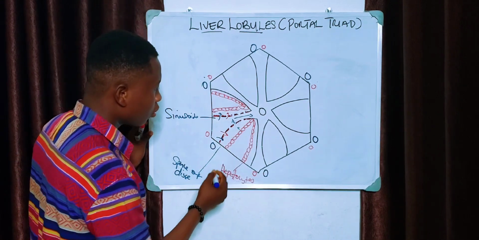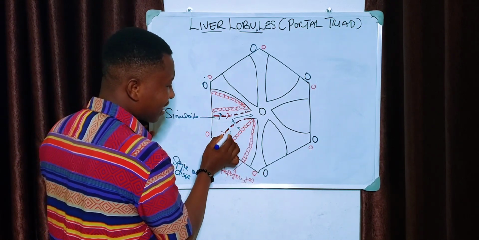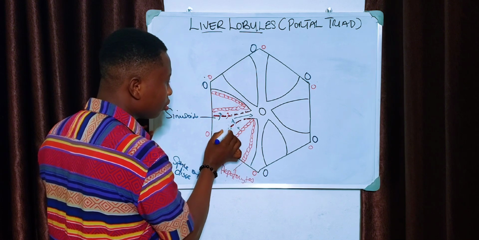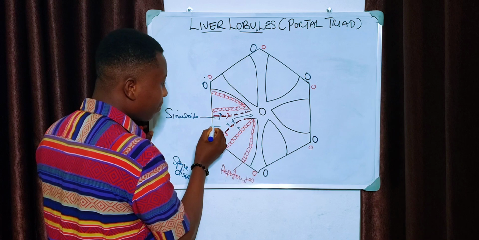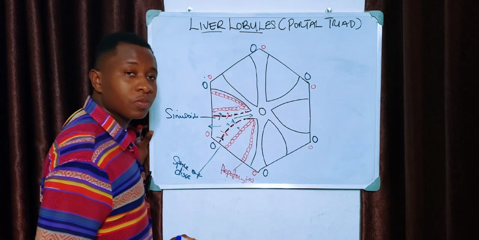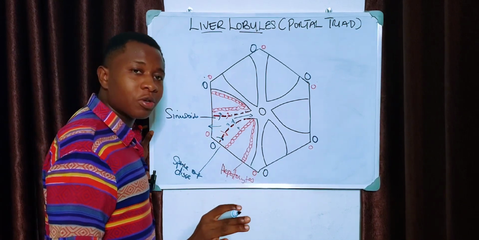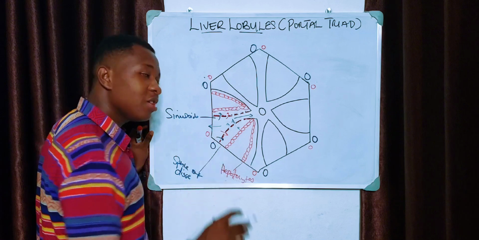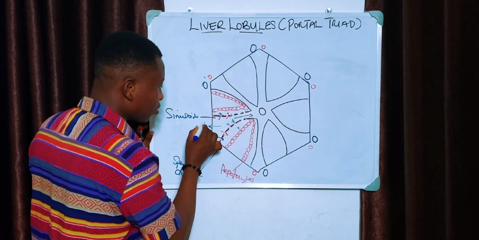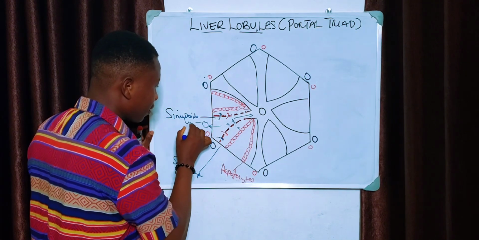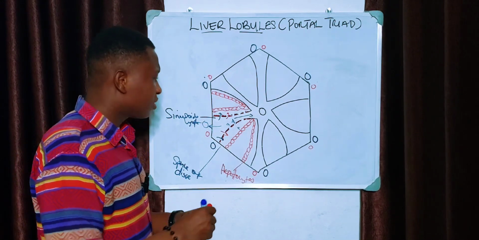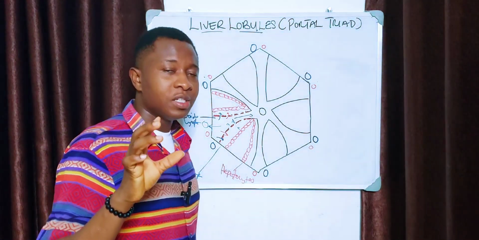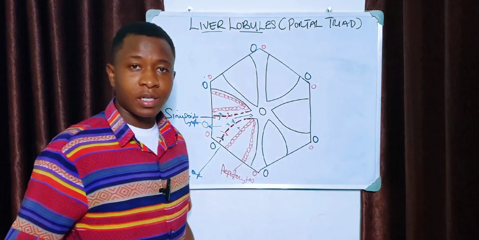So you have most of the substances that get back into the sinusoid space moving backwards. And where do they move backward into? They move and empty into a vessel, and that is what we call the lymphatic vessels. But that is not regarded as the triad.